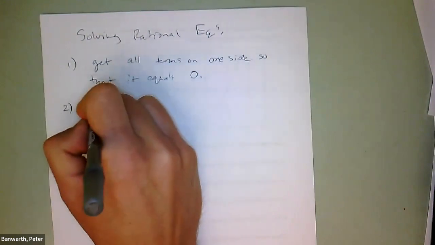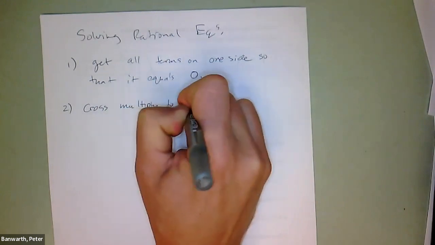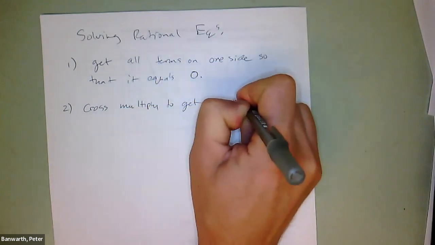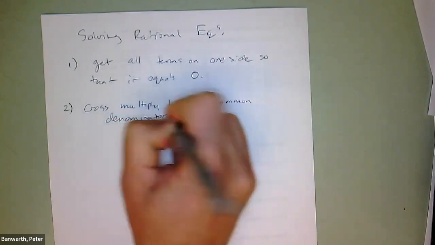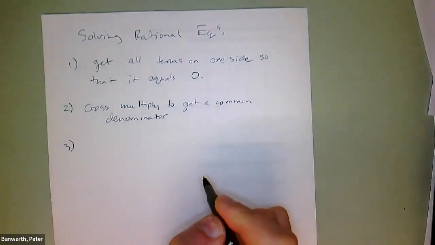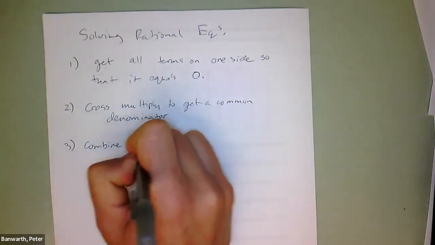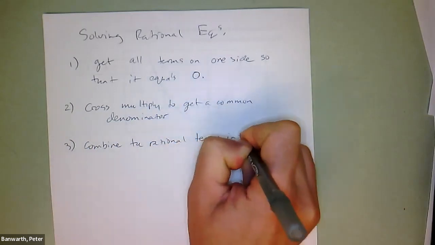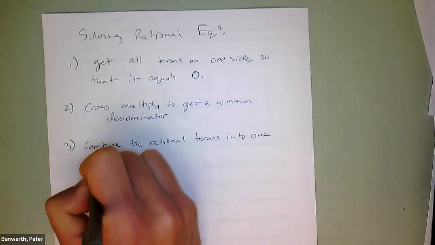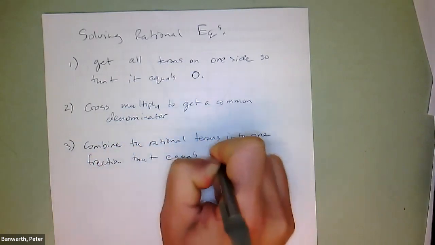Step 2, cross multiply to get a common denominator. Step 3, combine the rational terms into one fraction that equals 0.